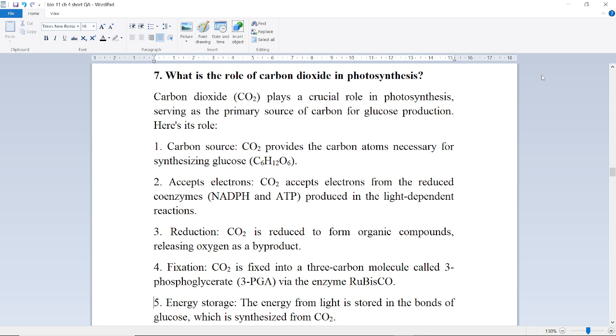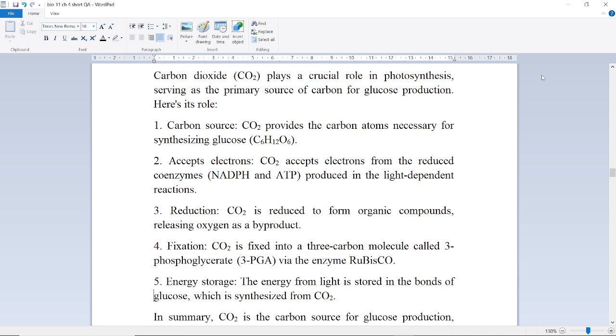Fixation. Carbon dioxide is fixed into a 3-carbon molecule called 3-phosphoglycerate, 3-PGA, via the enzyme Rubisco. Energy storage. The energy from light is stored in the bonds of glucose, which is synthesized from carbon dioxide.